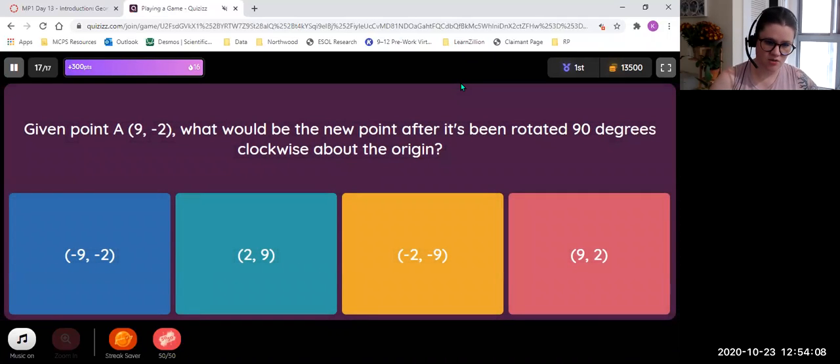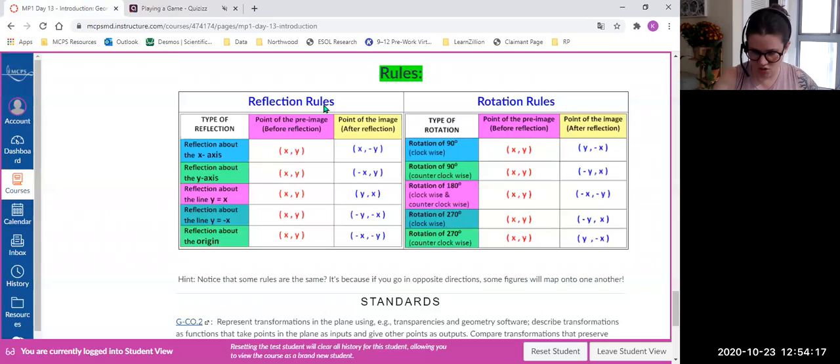Given the point 9, 2, what would be the new point after it's been rotated 90 degrees clockwise about the origin? So rotation rules, clockwise, 90 degrees about the origin. It looks like, and I'm going to write this down, X and Y are going to flip. Y comes first.